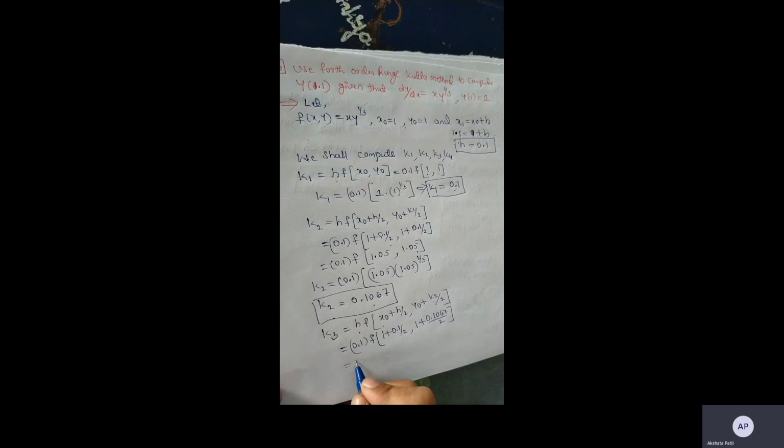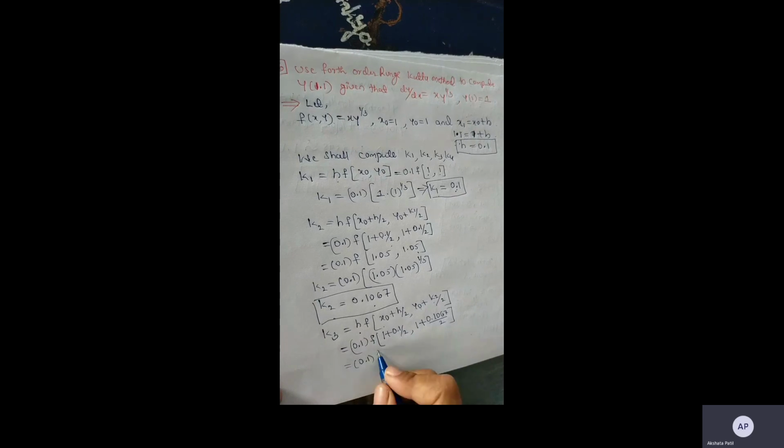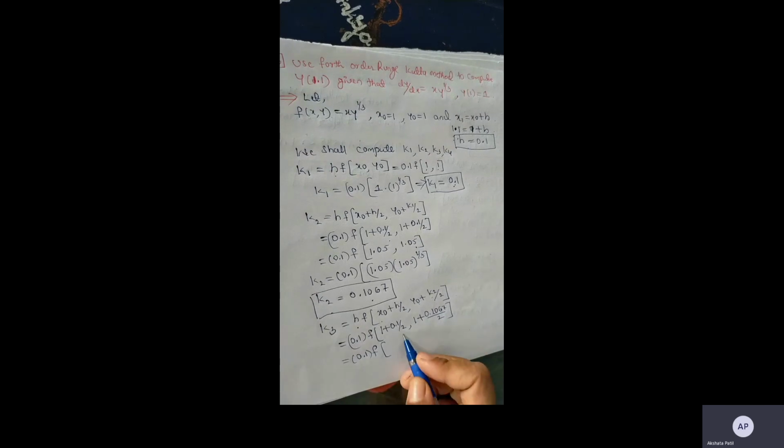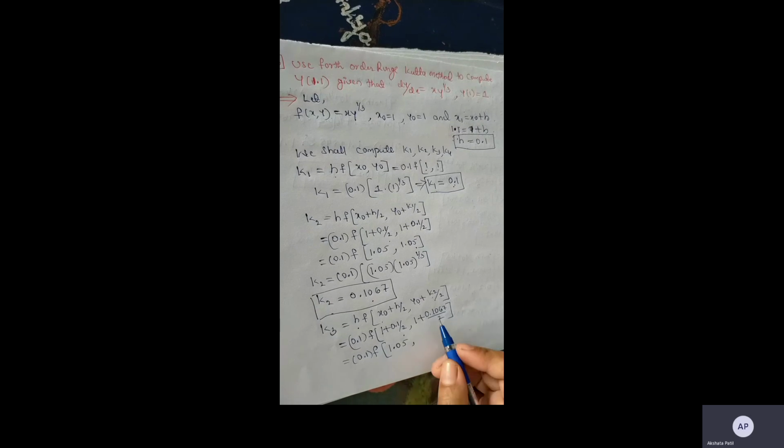So simplified, you will get the function of 1 plus 0.1 divided by 2, which is 0.05, plus 1, so you will get 1.05 comma, and 0.1067 divided by 2 plus 1, so you will get 1.05335.